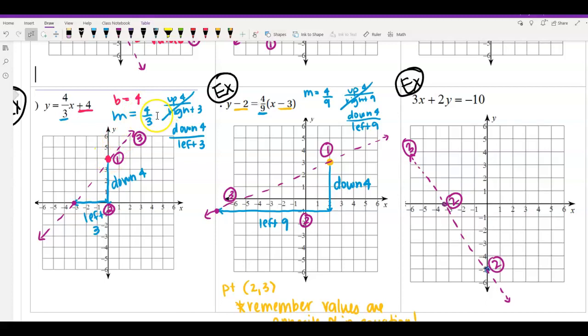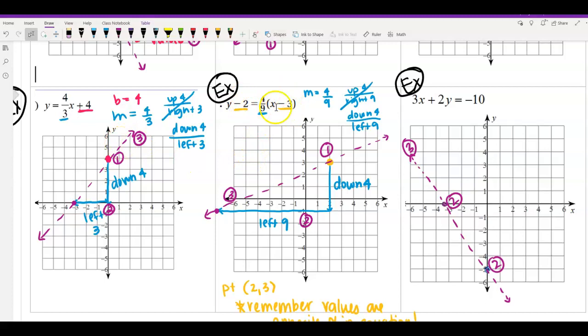Now that's a positive slope, so I can either go up 4, right 3, or down 4, left 3. Now, if I'm starting at this pink point, I clearly cannot go up 4 spaces because that's off the graph. So instead, I'm going to choose the down 4, left 3 slope and go down 4, left 3 to make my second point down here. Draw a line in between them, and there's the line that you're trying to graph.